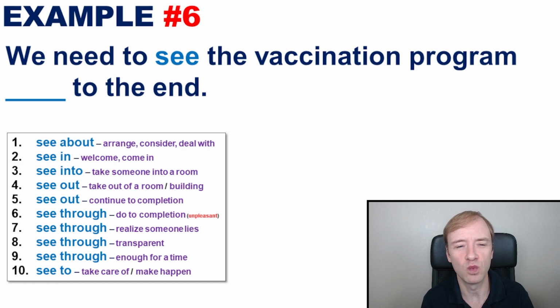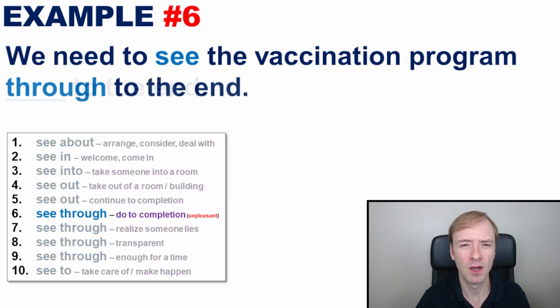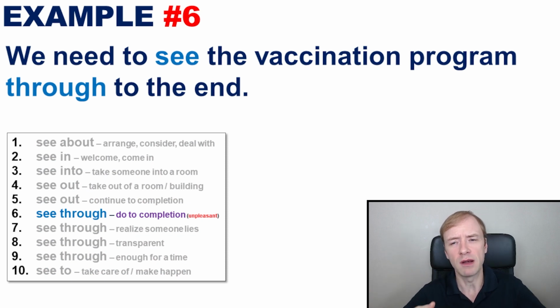Number 6, we need to see the vaccination program to the end. We have end. We need to see to the end. Well, see through, done to completion, the vaccination program. We got to make sure people get vaccination to the end of the program.